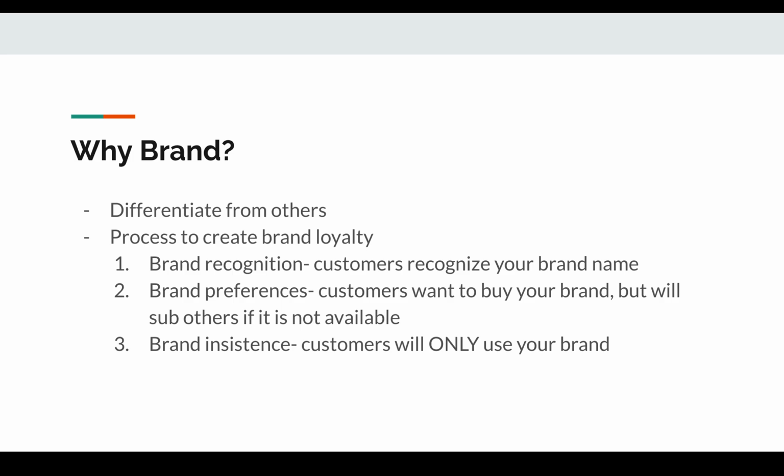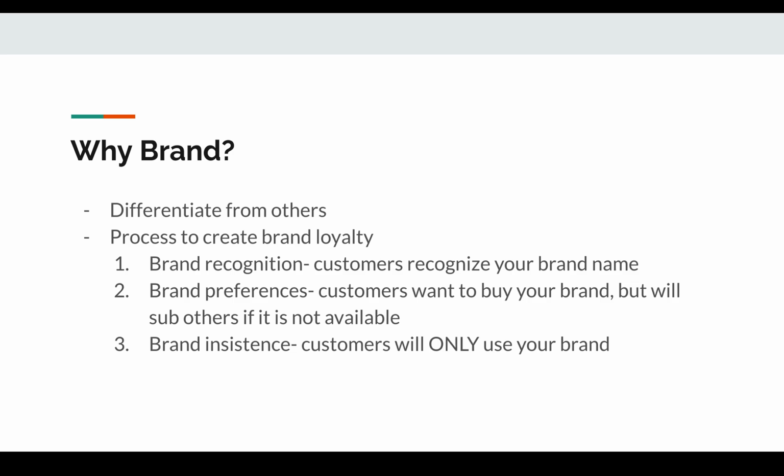And then the last step, the most intense version of brand loyalty, is brand insistence. And this is where companies really want to be if they can. And this is where customers will only use your brand. So a lot of times, this might not be seen in the fast food example that we just went through, but it can be seen a lot in clothing.